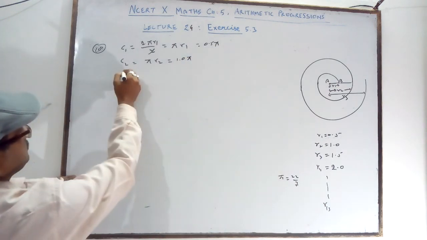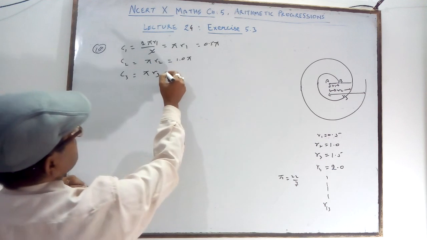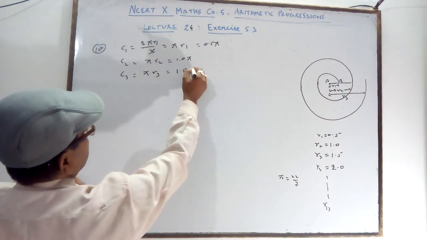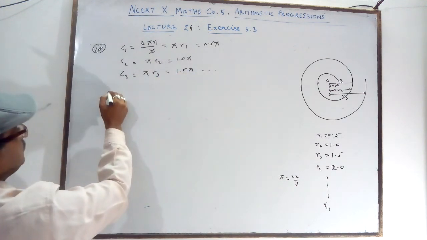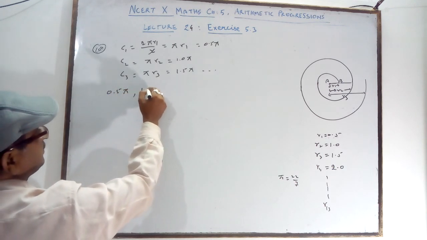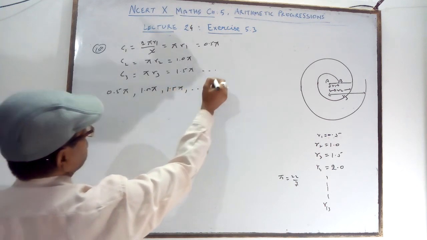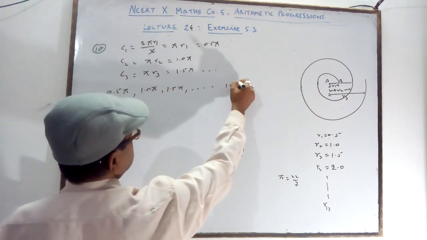C3 is equal to pi R3, so 1.5 pi, and so on. So you are getting the lengths of the spiral 0.5 pi, 1.0 pi, 1.5 pi, and so on till the 13th.